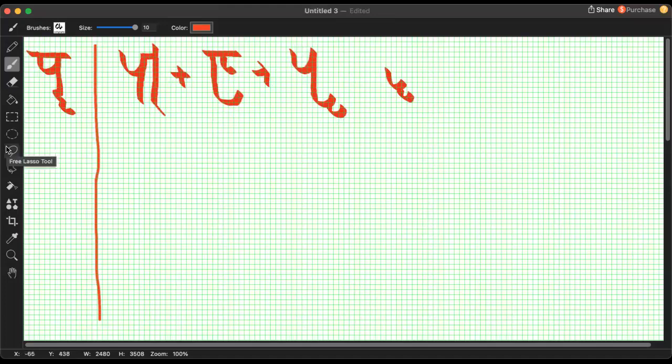Next, we have Lr, that is Lr matra with per. These you don't actually come across in manuscripts very often, or maybe you may not come across at all.